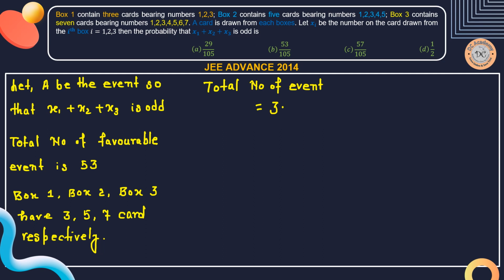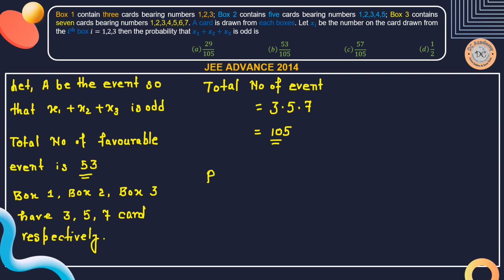For box 2, x2 can be chosen in 5 different ways. And for x3, it can be chosen out of 7 different cards, that is 7 ways. If I multiply, 3 times 5 is 15, 15 into 7 is 105. So the total number of events is 105 and the total number of favorable events is 53.